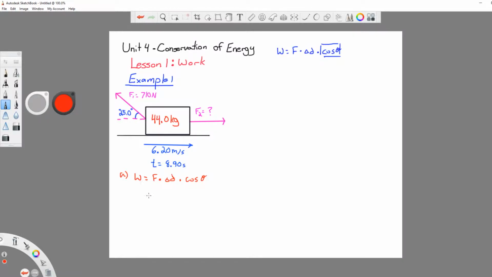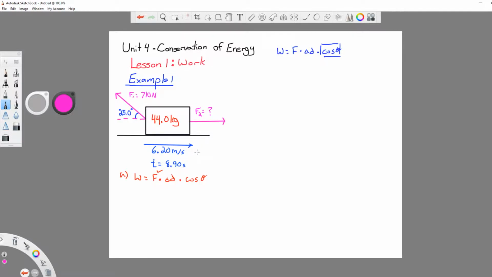So, it's asking for force 1, which is 710 newtons at an angle. Yes, we know the magnitude of force 1, so we can check off that we know force 1. The distance that this thing travels, however, we aren't directly given, but we are given that this object is moving at 6.2 meters per second at a constant velocity for 8.9 seconds.